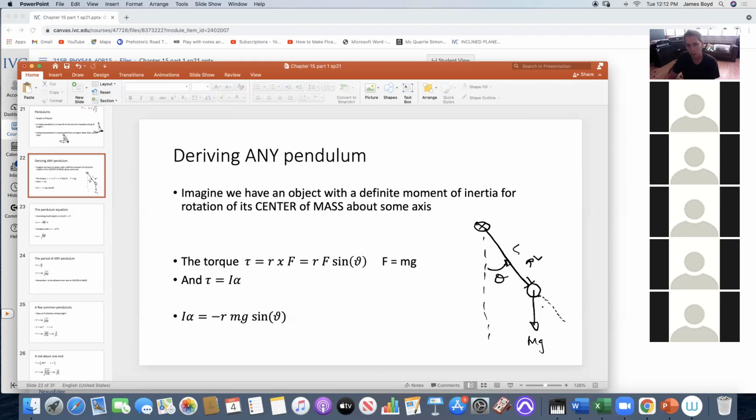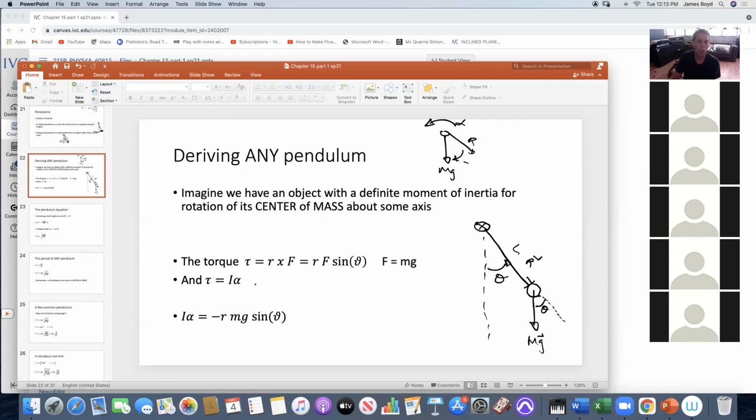The r vector out to the force. This is the same angle. If I draw a torque diagram, I'm going to assume that alpha rotates the normal counterclockwise way, positive. All I have to do is draw r and draw F, which is mg, and I see that this is a negative torque.